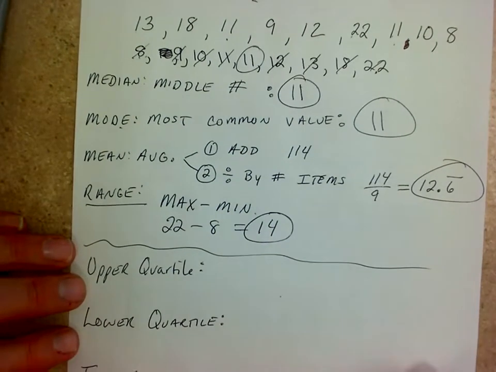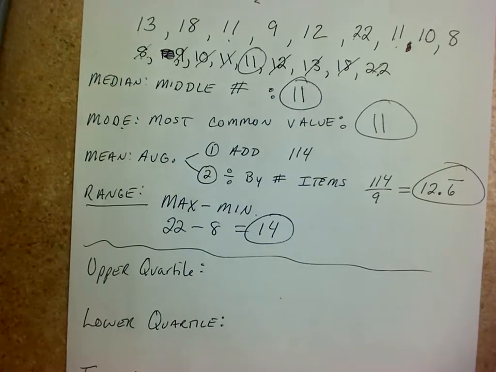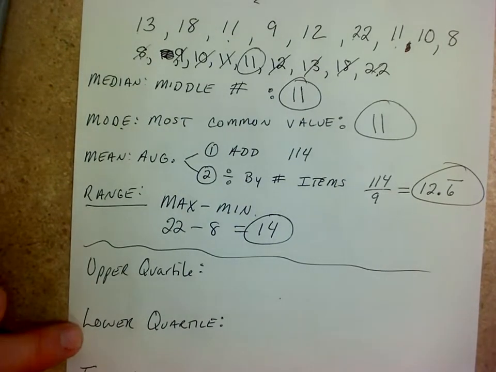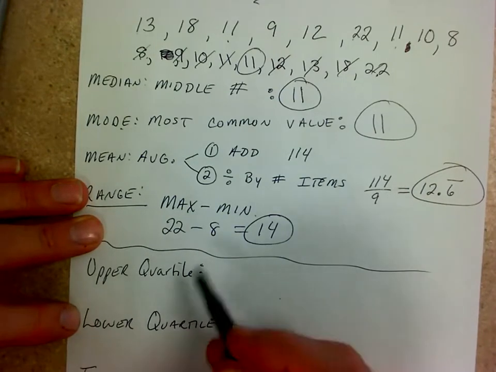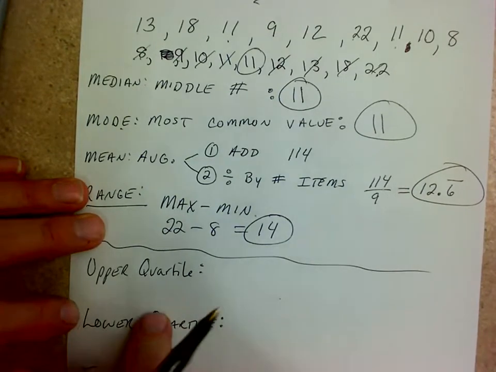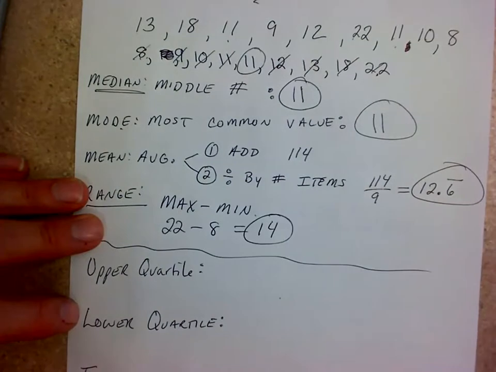Now we jump down here and we have a few newbies, the upper quartile and the lower quartile. The upper quartile, now again, we can't do these until after we find the median.